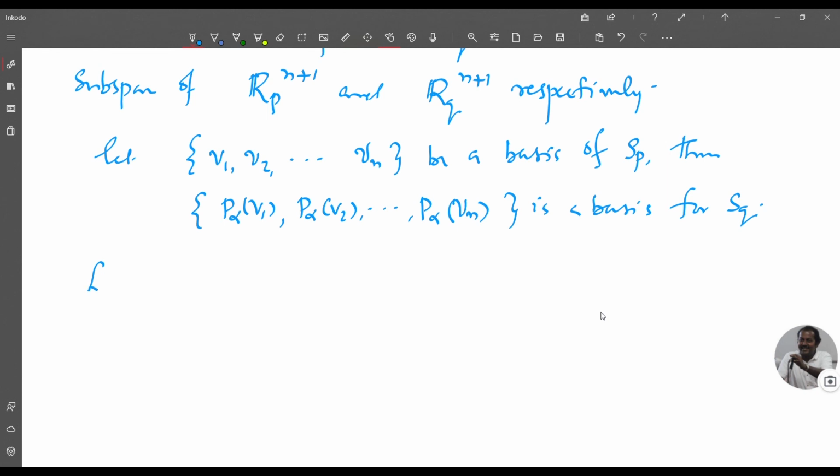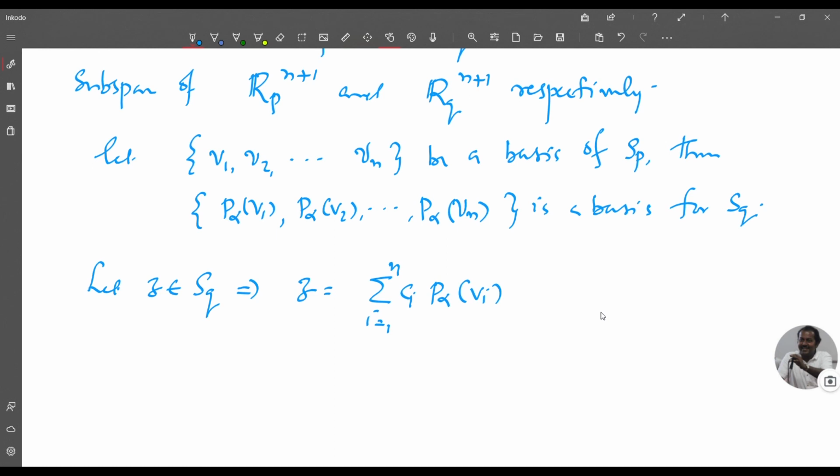Let z belong to SQ. This implies z is a linear combination of P alpha v1, P alpha v2, etc. So z is equal to sigma i equals 1 to n ci P alpha of vi.